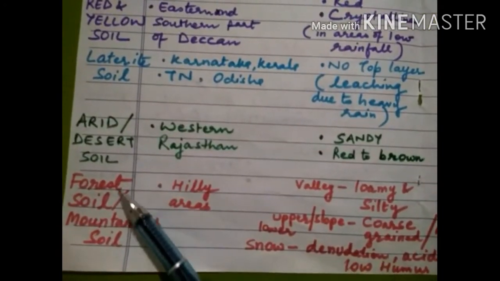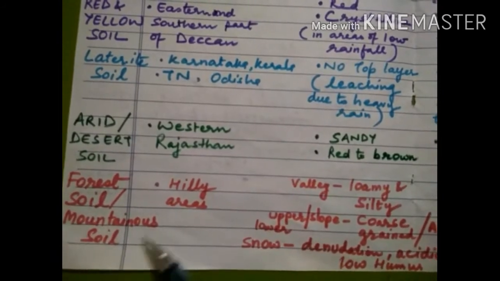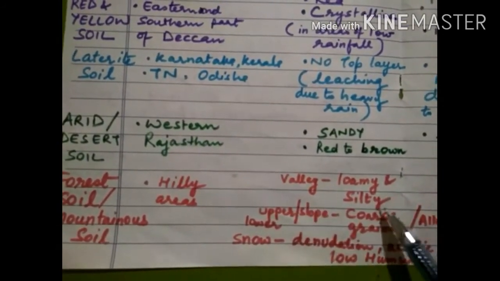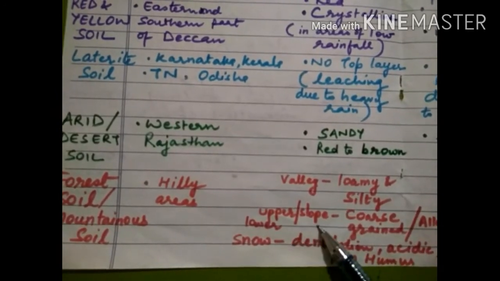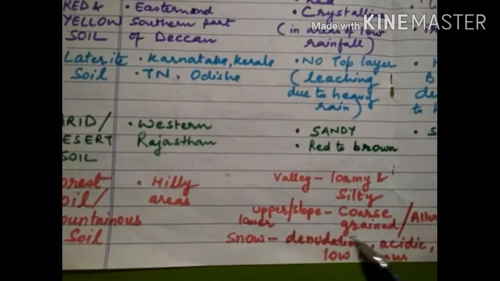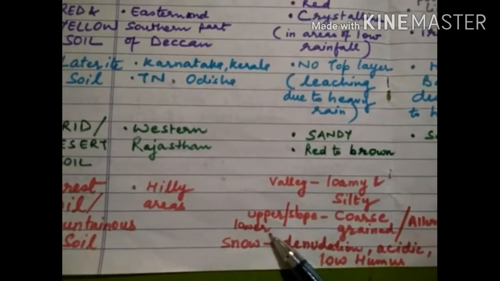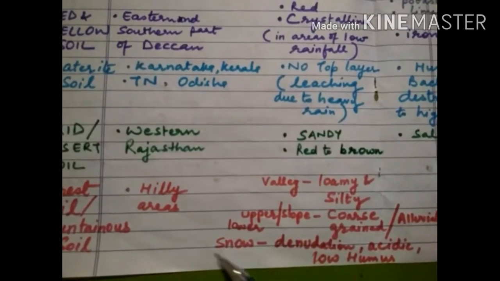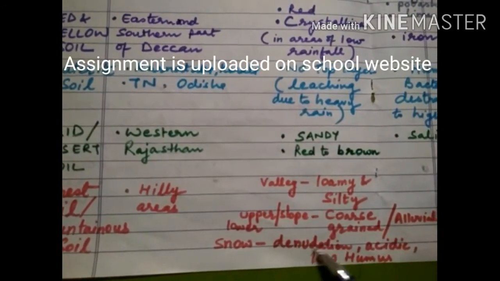Now the last is forest soil or mountainous soil, which is found in the hilly areas. In the valley side it is loamy and silty. At the upper slopes of hills it is coarse grained, meaning the soil is very thick. And at the lower slopes alluvial soil is found. The snow-covered hills show the feature of denudation.